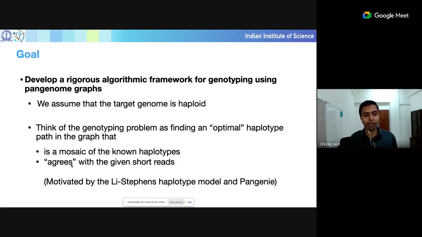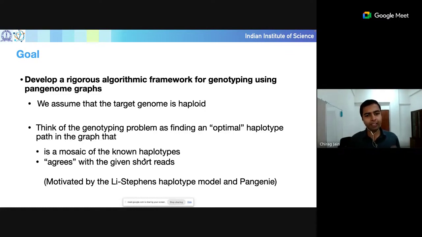I'll formally define what I mean by agree. And we would want this optimal haplotype path to be a mosaic of the known haplotypes. That is, we allow recombinations, so one can switch from one haplotype to another in the pangenome graph. This idea is partly motivated by the Li-Stephens haplotype model and also the Pangenie work, which uses a similar concept.